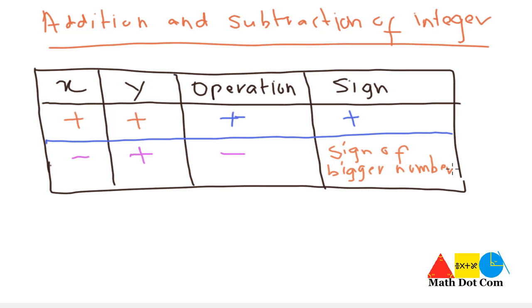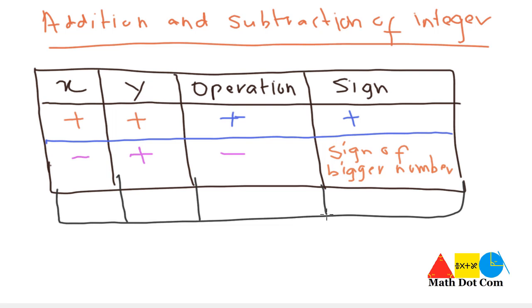Okay, then in the next we have a positive integer x and a negative integer y. Then again the operation will be negative, that is, you will subtract the two numbers, and the sign is the same as we discussed above, that is, the sign of the bigger number.